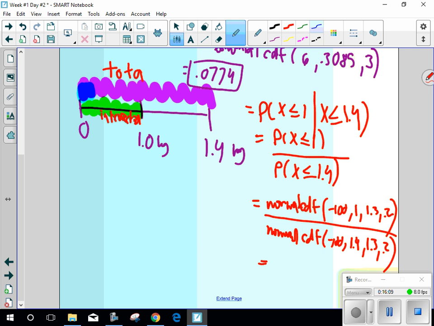What do your calculators say? 0.0966. That's about, almost 10%.